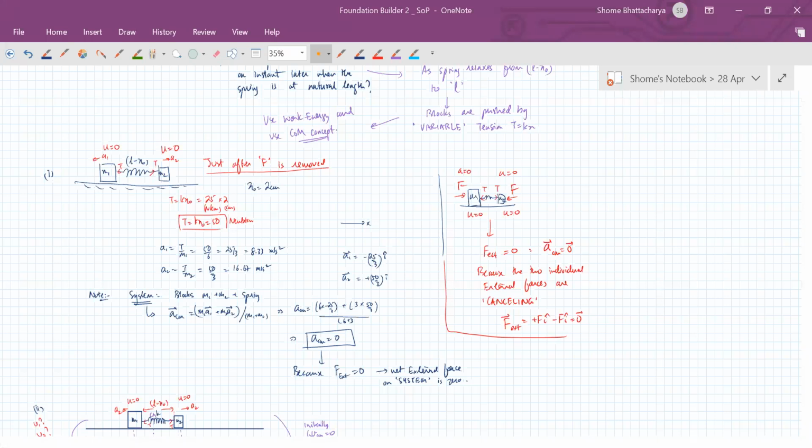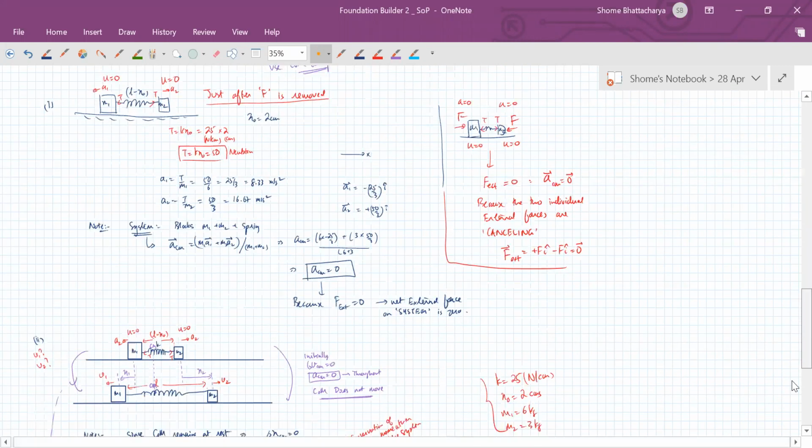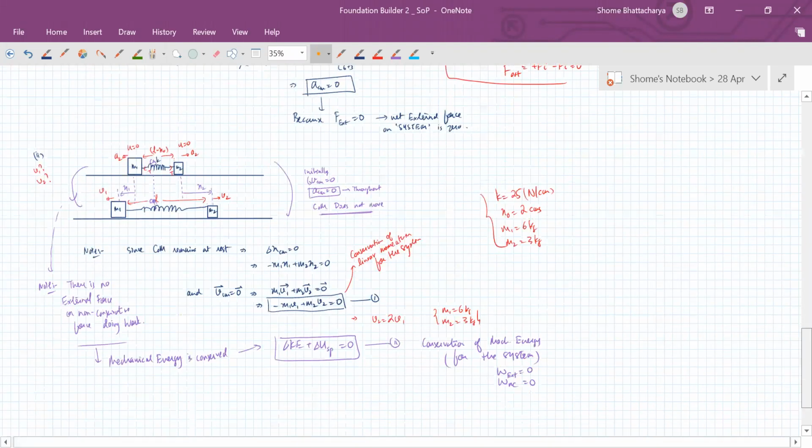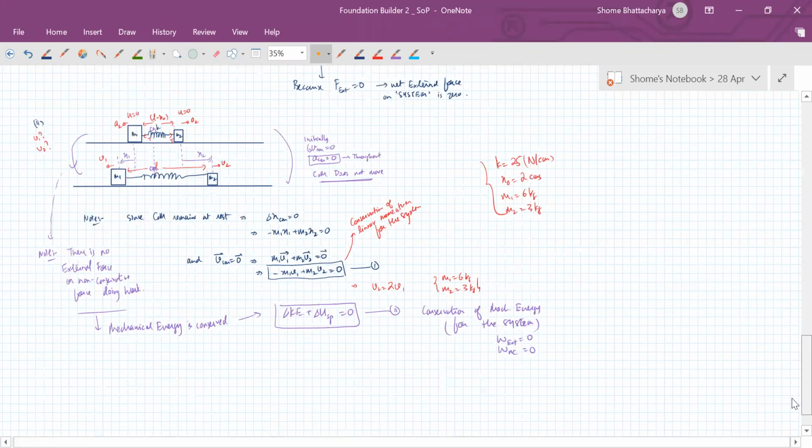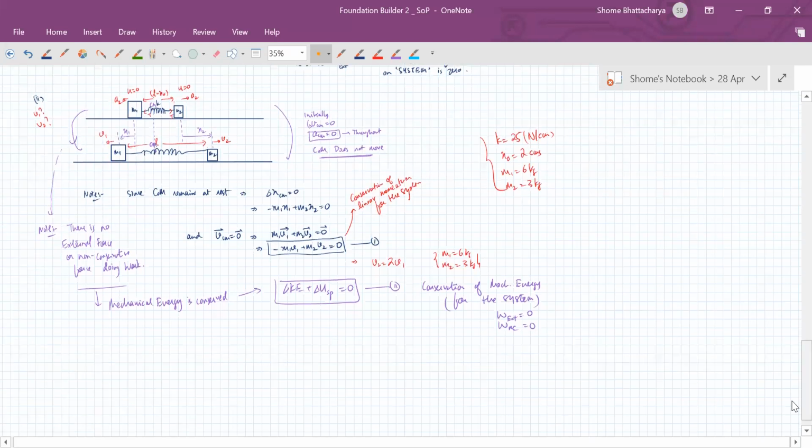Sir, done. Okay. Now see, in solving this part, you have to populate the second equation. What is the change in kinetic energy going from the initial state to the final state?